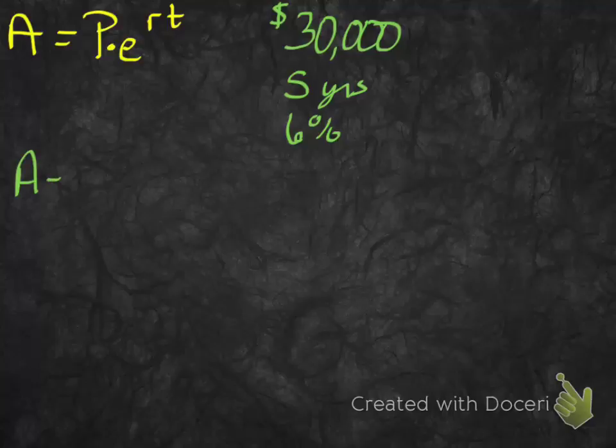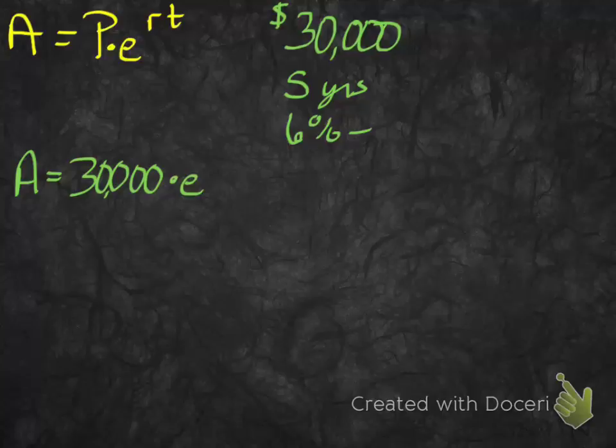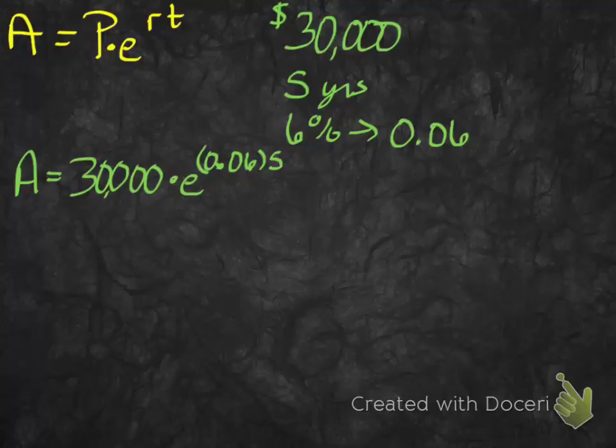The amount your account is going to be worth, that A, is going to be 30,000 times e to the r, which is our rate. So that 6% needs to be changed to a decimal, 0.06. Times your time, which is 5 years. And then you just use your calculator to find that value.